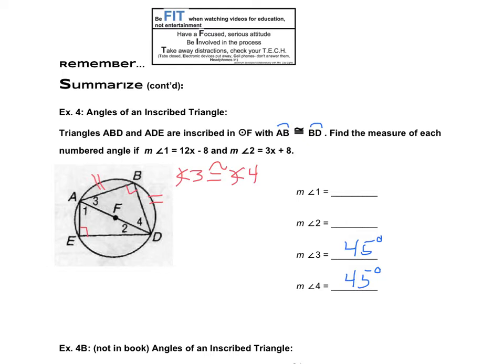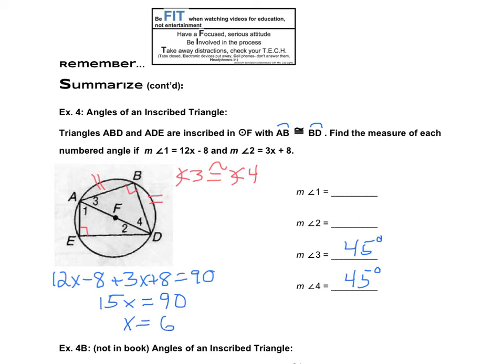However, we can find angle 1 and angle 2 by going through a simple calculation: the algebraic pieces, 12x minus 8 plus 3x plus 8, has to equal 90. Adding like terms, we get x is 6.